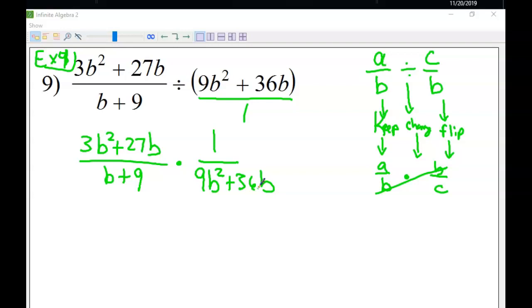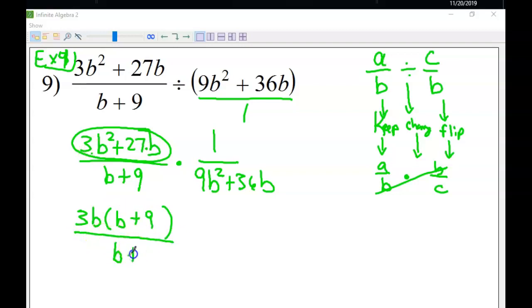So at the top here, what method do I use to factor that? Is it GCF box or difference of squares? It's a GCF. What goes into both of those? 3b, right? So if I divide both of those by 3b, I'd be left with b plus 9. The bottom doesn't factor. This one does, though.